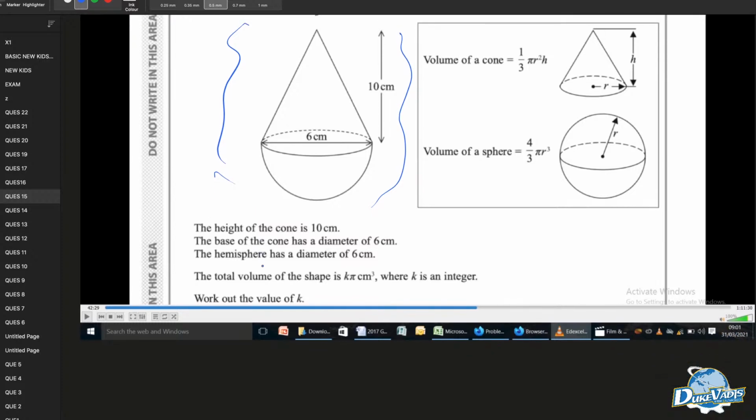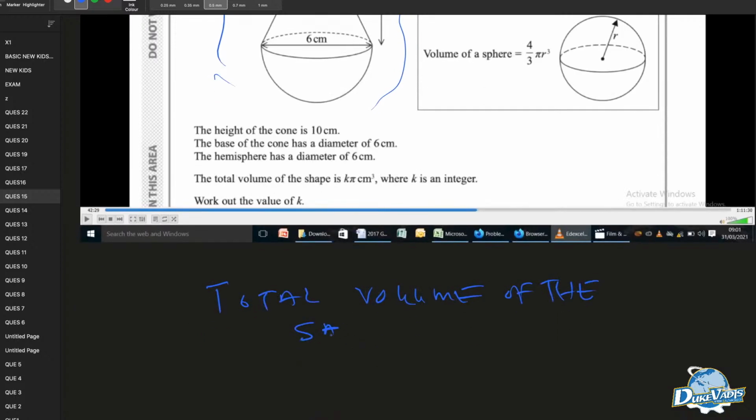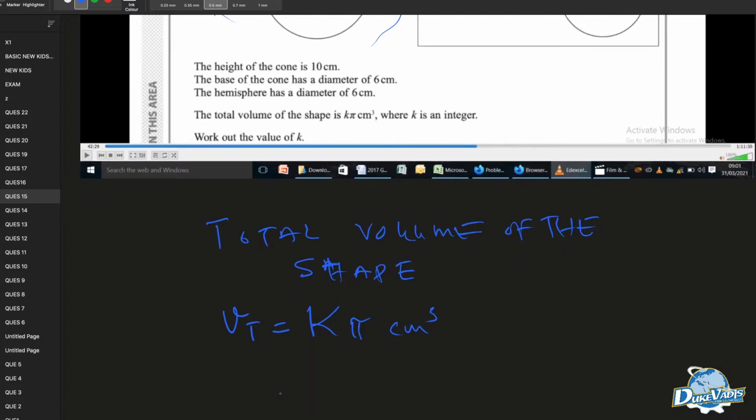So we know the total volume of the shape has been given to us to be K pi centimeters cubed. So that's the volume V total. Let us try and draw it in a rough sense.